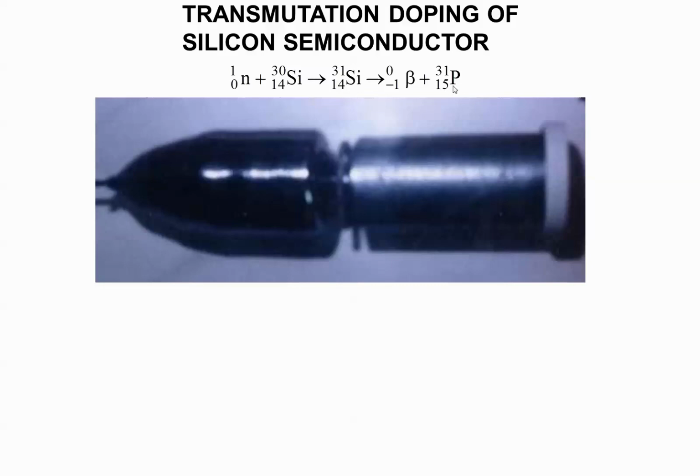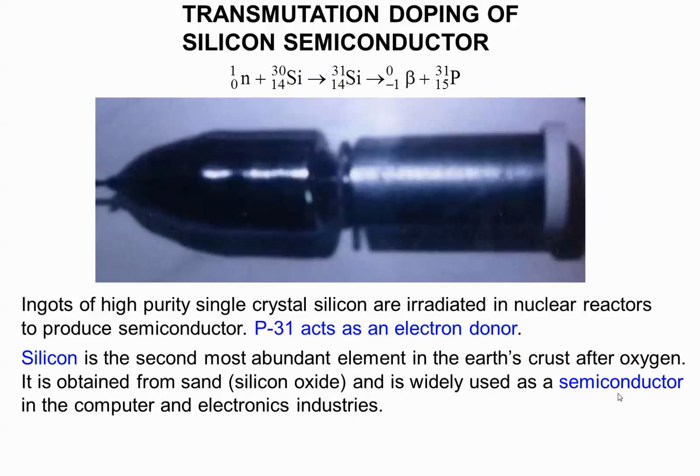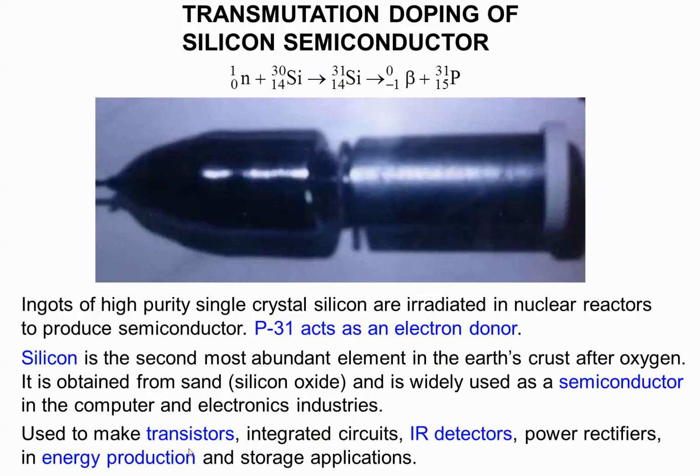Well, phosphorus is called an N-type dopant in silicon to form semiconductors. N-type and P-type doped semiconductors are essential for making electronic devices like transistors. Phosphorus-31 acts as an electron donor. Transistors, IR detectors, energy production and storage, and so on.